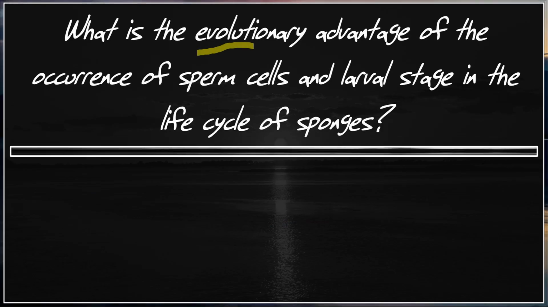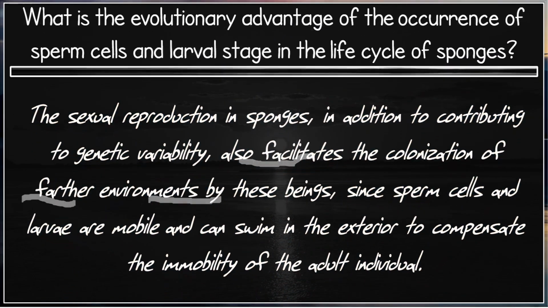What is the evolutionary advantage of the occurrence of sperm cells and a larval stage in the life cycle of sponges?